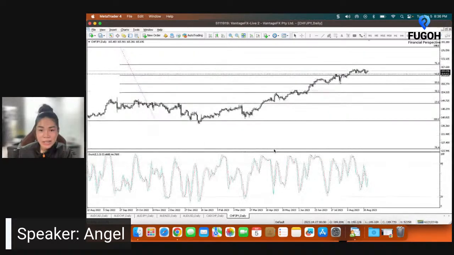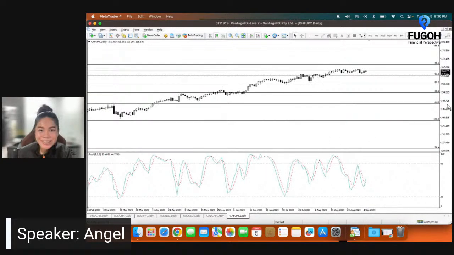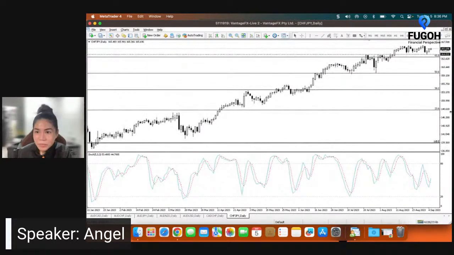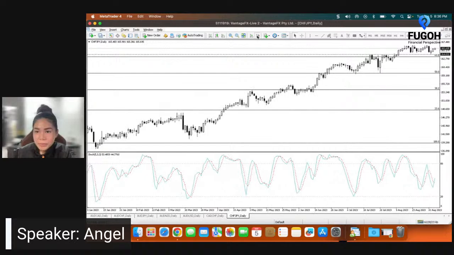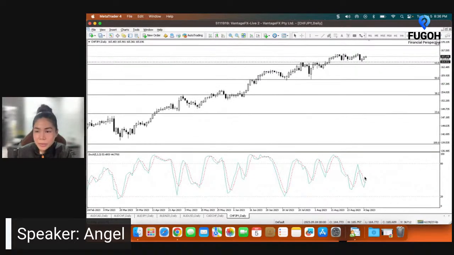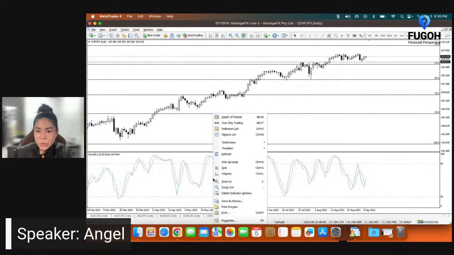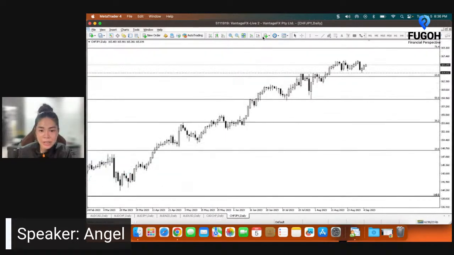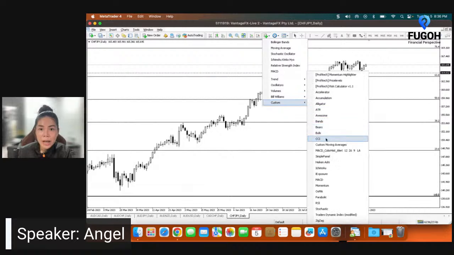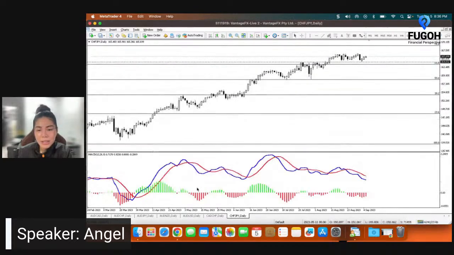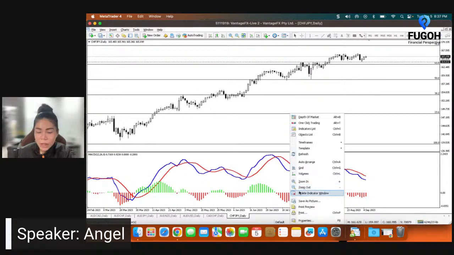the other indicators are agreeing with me. This is not so good an entry here for stochastics. How about others? Let's try MACD. No, not yet.